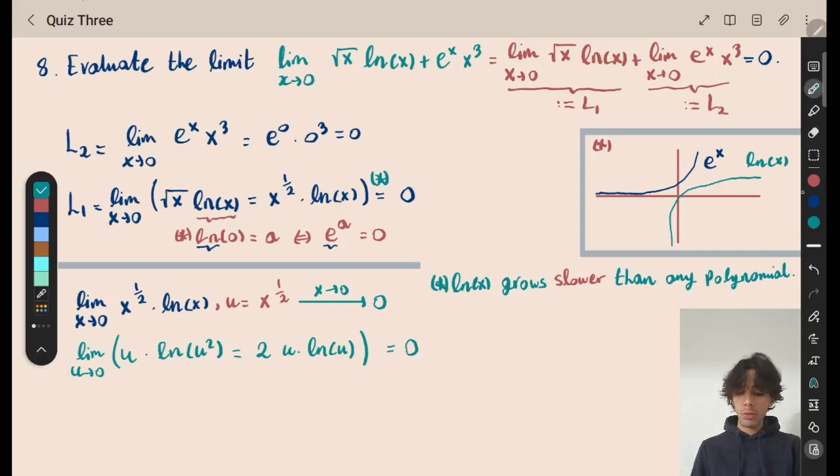But if you even want to go further, let's say you're just having fun at the moment and you really want to take this one further step, you can choose w to be equal to 1 over u. Then if u is going to 0, then w, which is 1 over u, is going to plus or minus infinity, right?